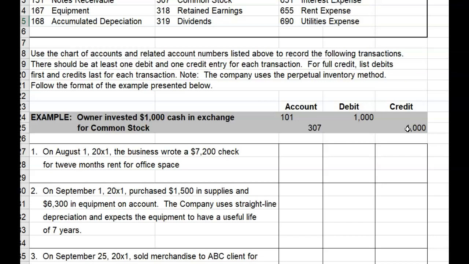The second journal entry records the cost of sale with a debit to the cost of goods sold account and a credit to merchandise inventory. There must be at least 2 accounts affected by every business transaction, but compound journal entries can involve 3 or more accounts. And for each journal entry, debits must always equal credits. Okay, now that we know the ground rules, let's get started.